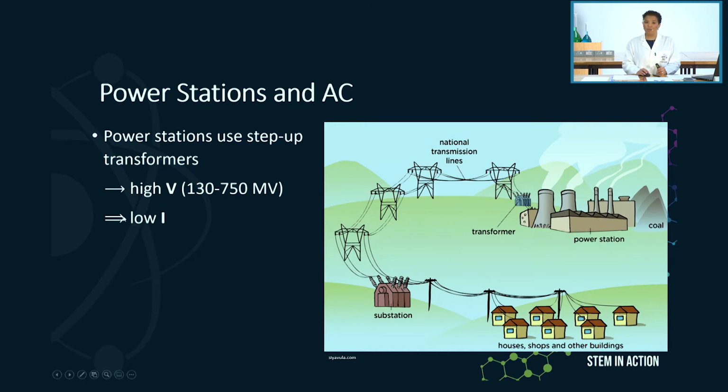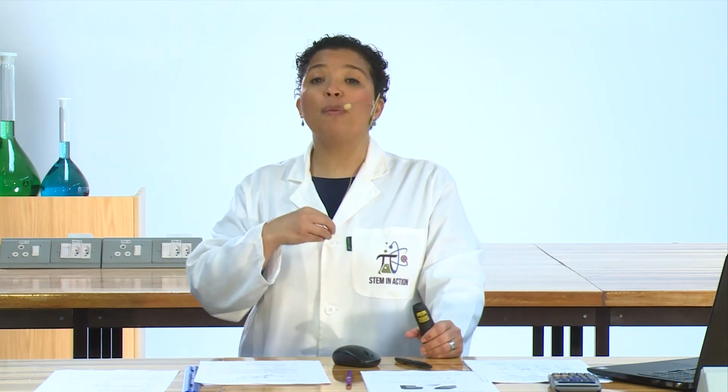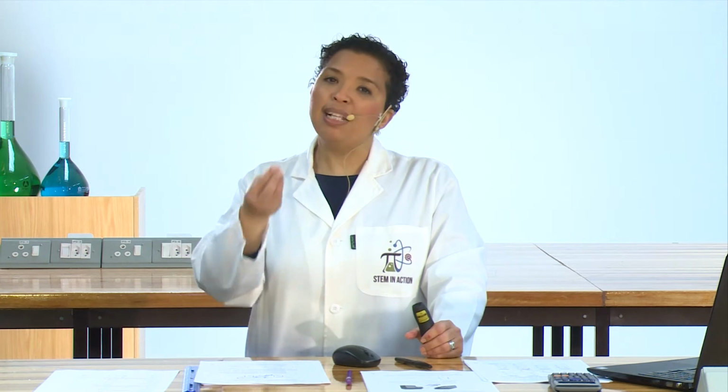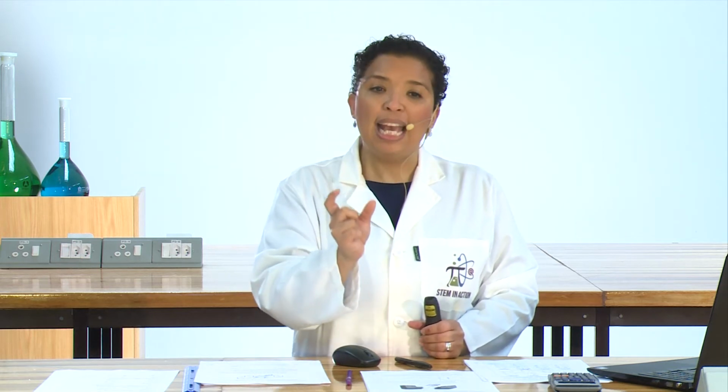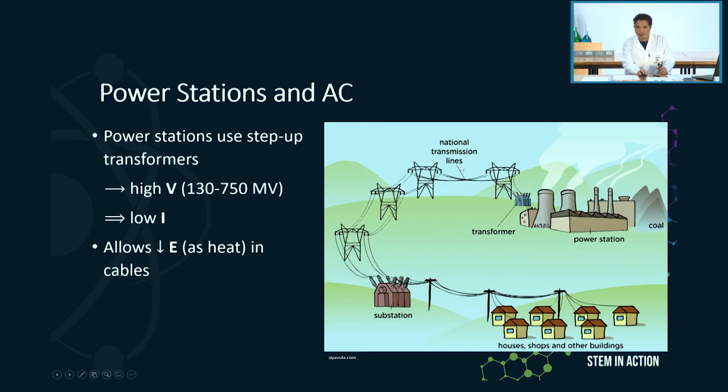This gives high voltage and low current. This allows energy loss to be less, and that energy loss we're talking about is heat lost. As this current is traveling through the cables, there's less energy lost because it's traveling at high voltage, therefore low current, and less heat is given off as it travels from the power station before it gets to our home.